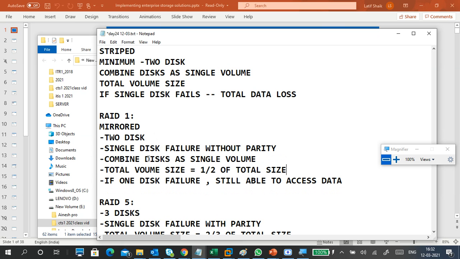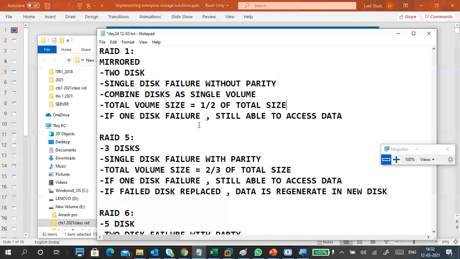Single disk failure with parity. If one disk fails, we can still access the data. But the problem with the mirror is that the mirror will break if you replace a disk.